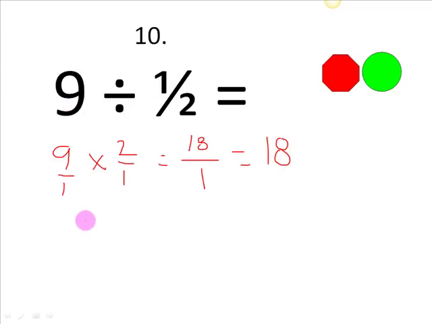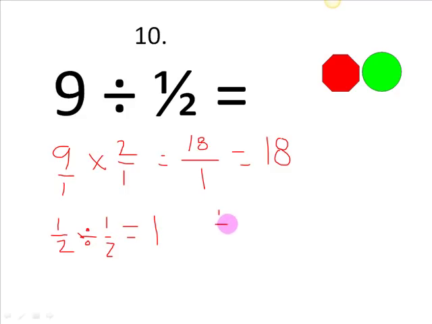Refreshing your memory, we'll take a quick peek here at why it is that we flip over the dividing fraction. If I have 1/2 divided by 1/2, you know that 1/2 will go into 1/2 exactly one time. So the answer to this is going to be 1.